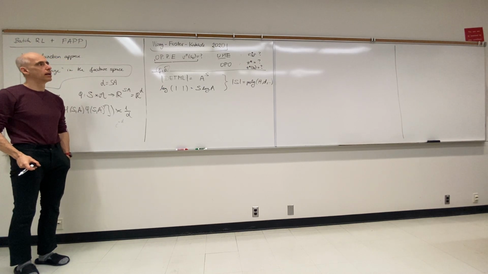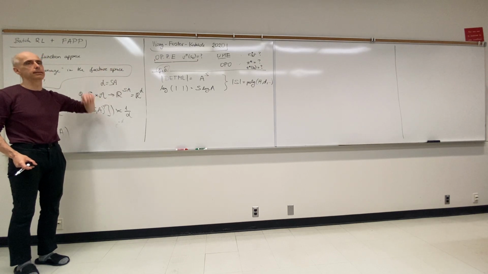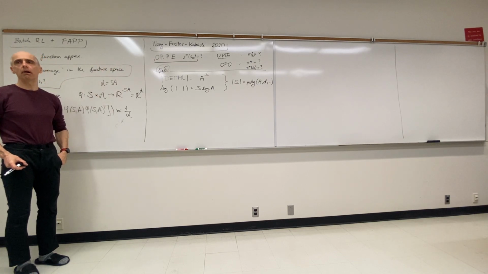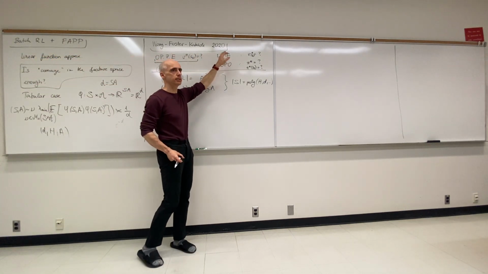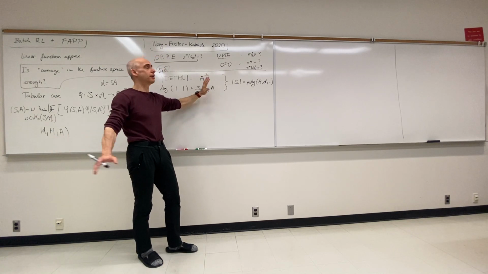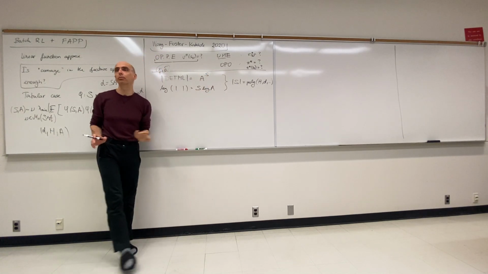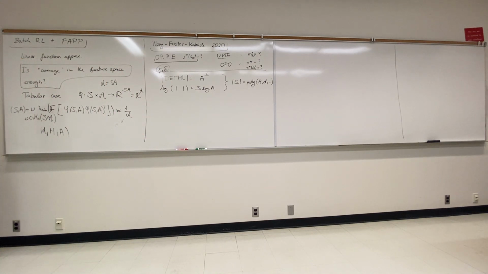So S can't be too big if you want a reduction like that. If you want to argue that if this problem is hard, then this problem is also hard, and the only argument on your behalf is just to avoid all the policies, then you run into this problem. So the number of states shouldn't be too big.